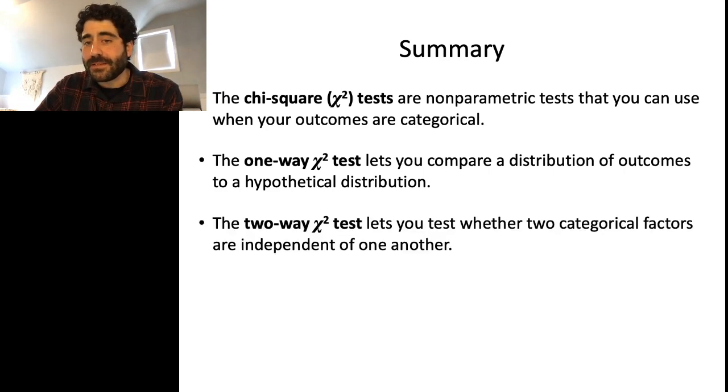Whereas the two-way chi-square test is testing whether two different factors are associated with each other or are independent. For this two-way test, our null hypothesis is that we can predict the combinations of these two factors just by knowing the distributions of each of these two factors independently in our particular data set.